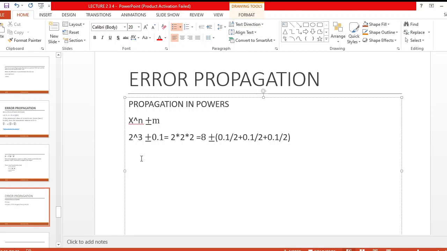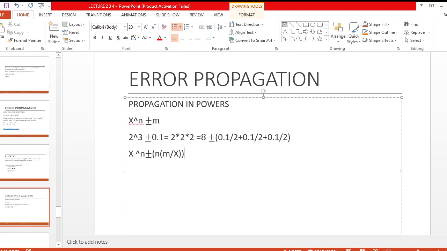Now the formula in terms of propagation of powers becomes x to the power n plus or minus n times the error m divided by our true value, which is x.